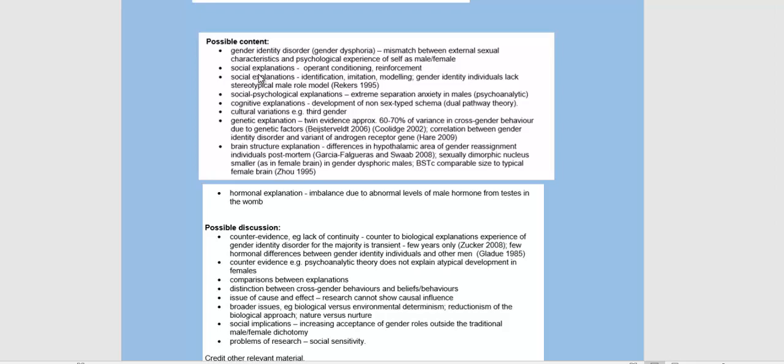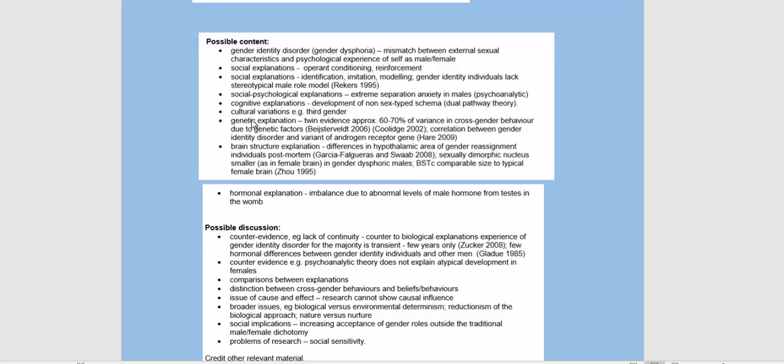But here we've got social explanations: operant conditioning and reinforcement, identification, imitation, modelling, lacking a stereotypical male role model. We could include things like extreme separation anxiety with psychoanalytic, and you could even include cognitive. Okay, we've got cultural variations in there.